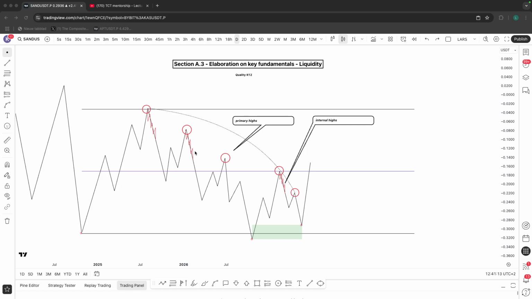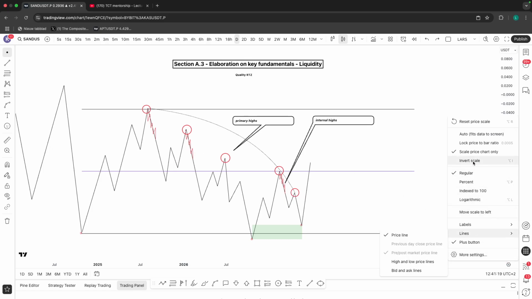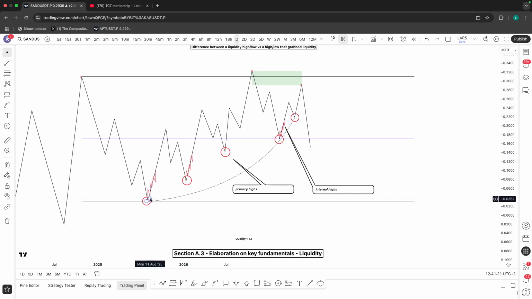For a distribution model, this is the exact opposite, where we can simply invert the chart here and see that we have primary lows that are all stacking up to be higher lows, or preferably on each higher low, you mitigate any demand created in between that previous primary low point.